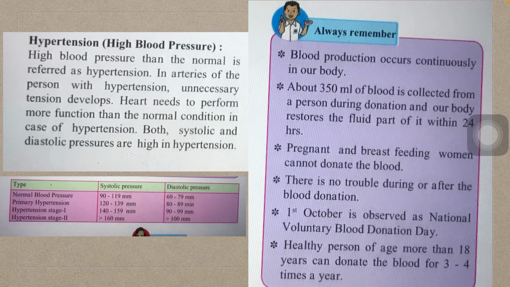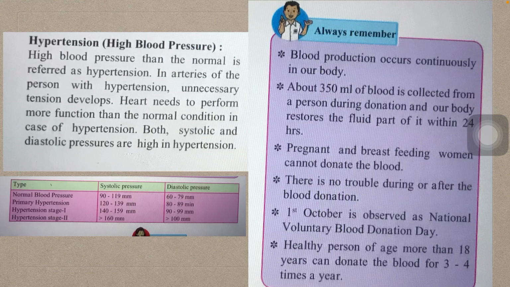Then hypertension stage 1, 140 to 159 mm, and diastolic will be 90 to 99 mm. Then hypertension stage 2 will be greater than 160 mm, and diastolic will be greater than 100 mm.